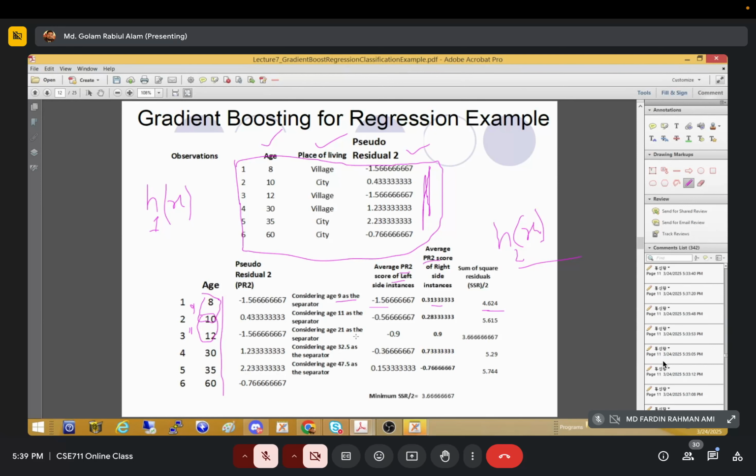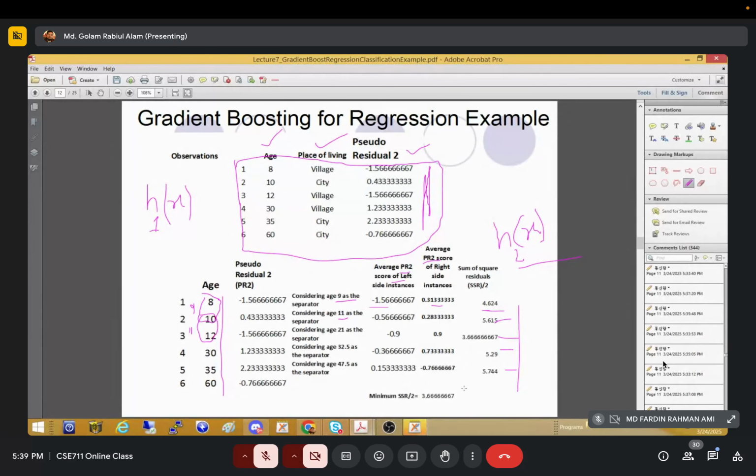So considering these splitters, we find the sum of squared residuals by 2 for each. Now we have to find the lowest error.